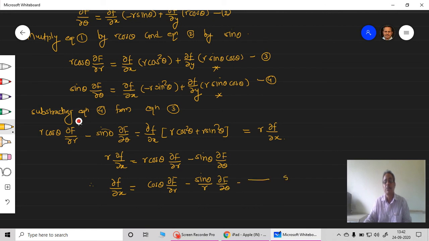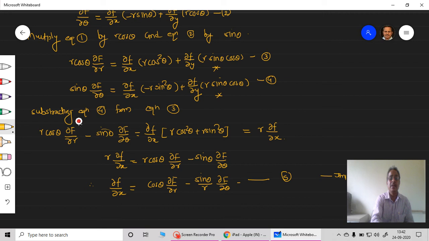Call this equation number 5. This is the change of variable: if we know r and theta coordinates and the function f, we can find out this partial differential of f with respect to x. This is our important relation, the final relation we were supposed to get.